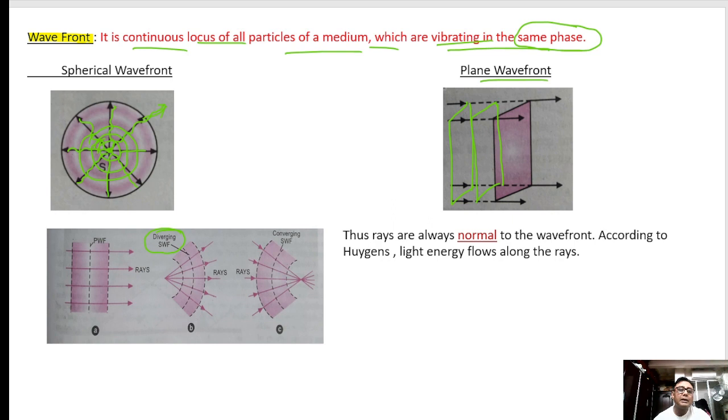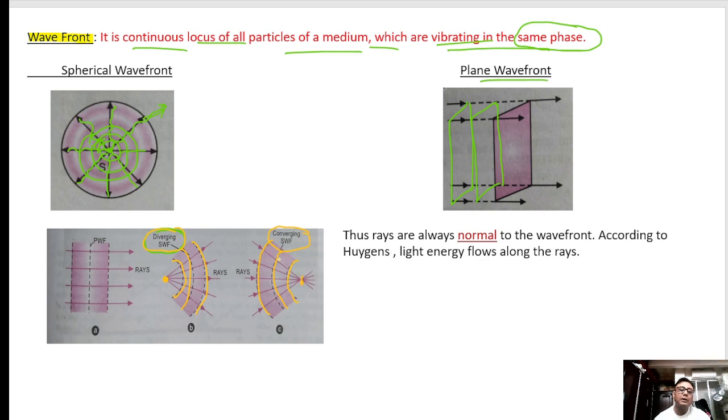Please note the terms also. It is coming out in the shapes of spheres, and that is possible if a single particle is vibrating. Next is a converging spherical wave front. It is possible if the wave fronts are converging to a point.